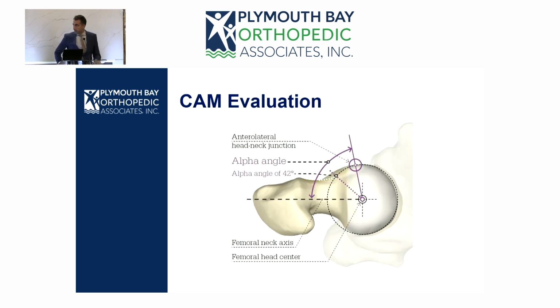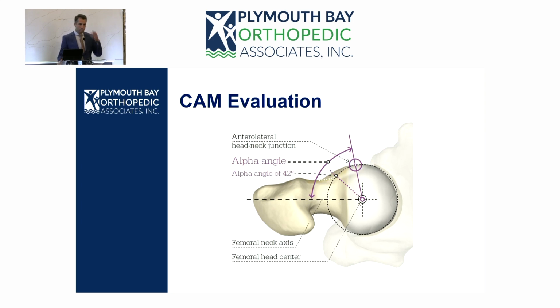On the other end, the CAM evaluation is measured by using the alpha angle. That's the angle between the center of the femoral neck, and then a perfect circle is made around the head, and the second line goes to the anterolateral head and neck junction.